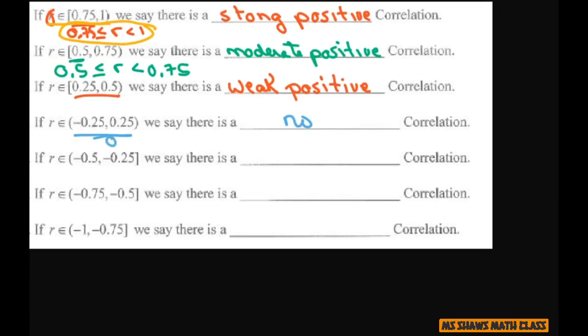Remember, that's where you have your zero. The zero means no correlation. And if it's even lower than that, we're going to call it a weak negative. Then we're going to go to moderate negative.